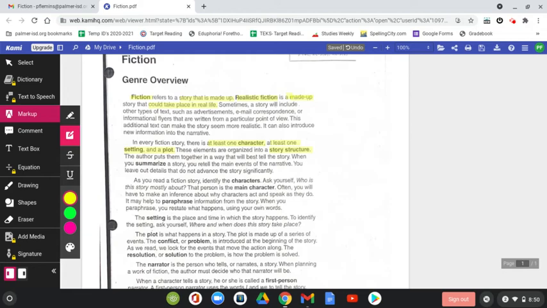When it's time for you to summarize a story, we've talked about summary. Okay, when it's time for you to summarize a story, that is when you retell, and I like that word right there, the main events. Okay, I don't want all the fluff, and that's what the next part tells you. It wants you to leave out the details that do not advance the story significantly.